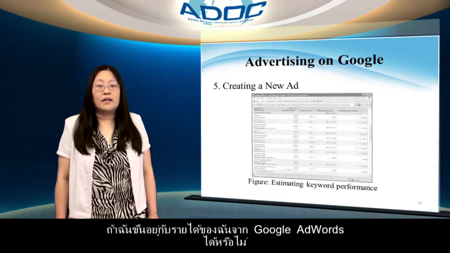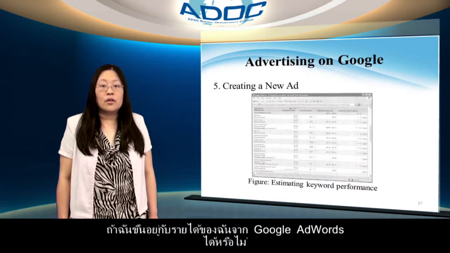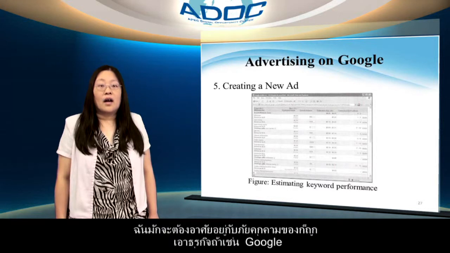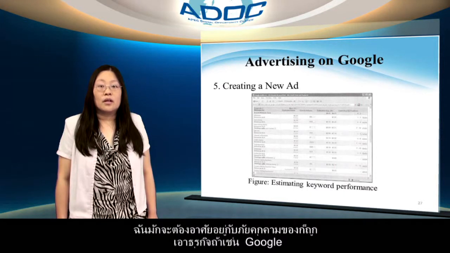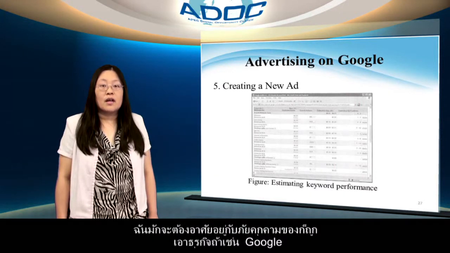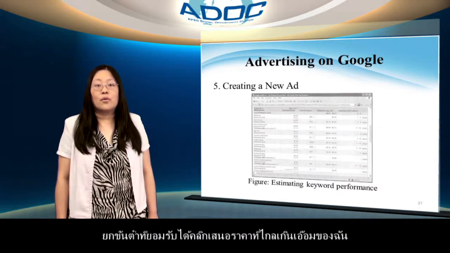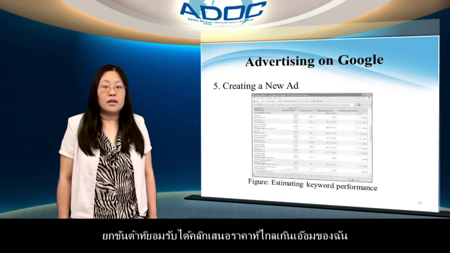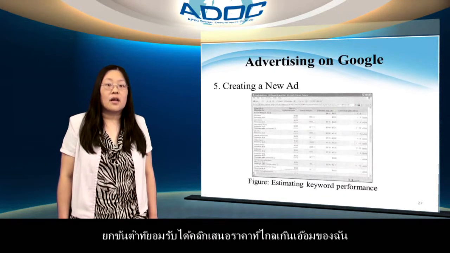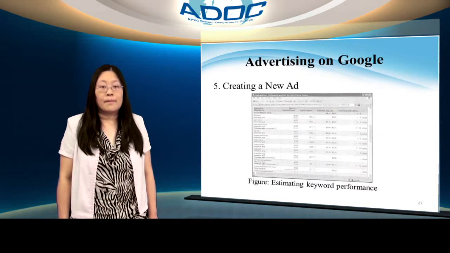What if I depend on my income from Google AdWords? I'd always have to live with the threat of suddenly being put out of business as Google raised its minimum acceptable click bids beyond my reach.